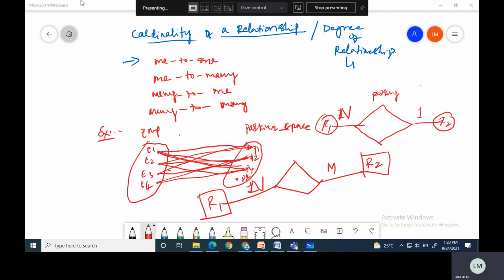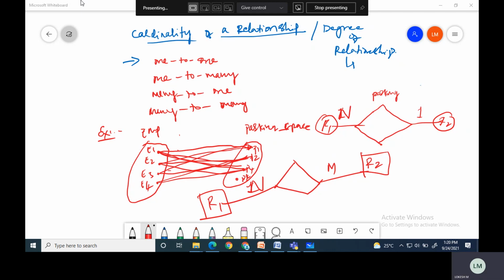When you have many to one, it is the reverse of one to many relationship. Employee works in organization, like employee parking in a parking space.